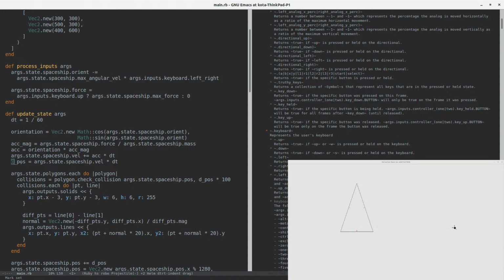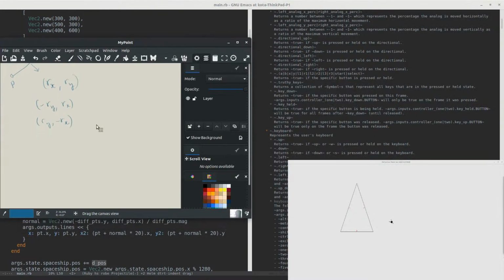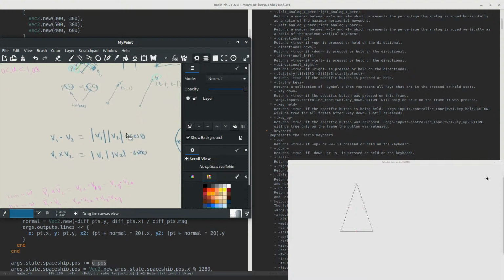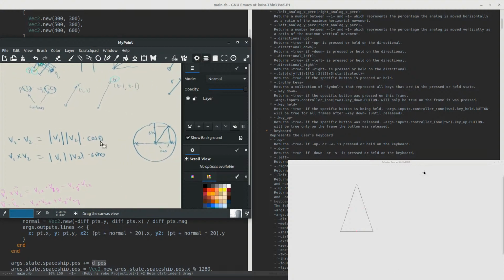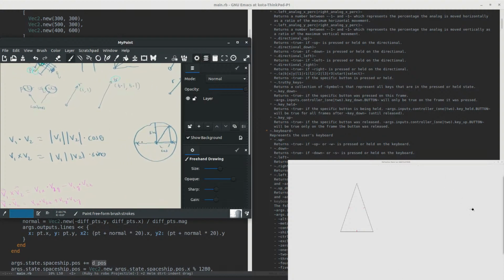So the way we do that is we currently have our normal, and we also have the direction vector, or the difference in position here, and I think earlier I mentioned the dot product, and how dot products are basically the magnitude times the cosine of the difference in the angles, right?